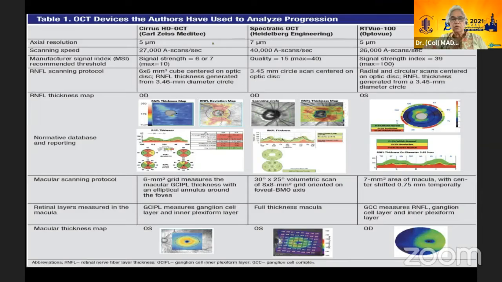Therefore, we cannot use one OCT report to check progression against another OCT machine. If a patient has to be followed forward, it has to be followed on an OCT of the same kind. Macular scanning has a similar thing, but the fundamental challenge is that some machines are taking only GCC and IPL, but there are many machines which are taking GCC, IPL, and RNFL thickness.